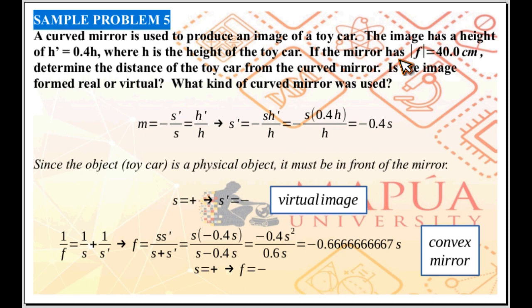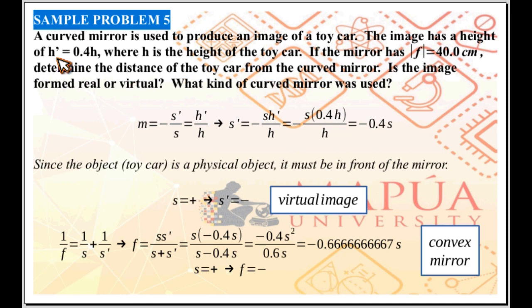If the mirror has a focal length of 40.0 centimeters, absolute value, determine the distance of the toy car from the curved mirror. That is to say, determine the object distance S. Is the image formed real or virtual? What kind of mirror was used? That is to say, is F positive or negative?